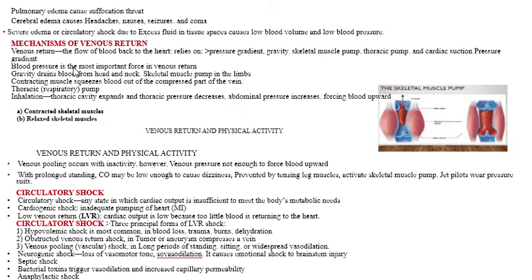Skeletal muscle pump, and this picture gives you an idea how the muscles can squeeze the veins, or venous blood through the veins. So when there is contraction, it will pump it against gravity to the heart.